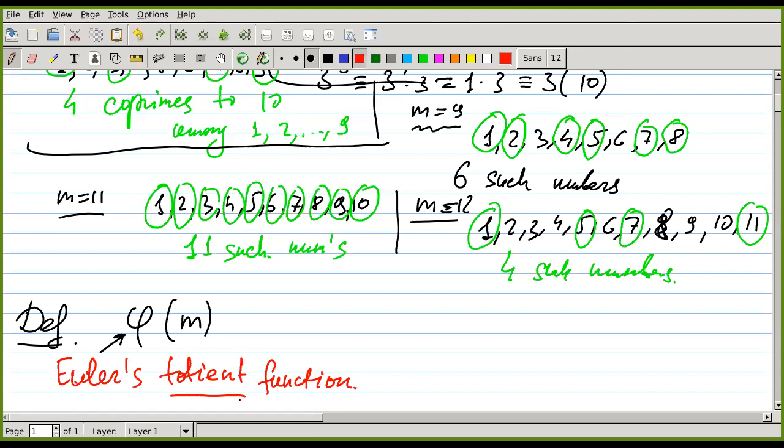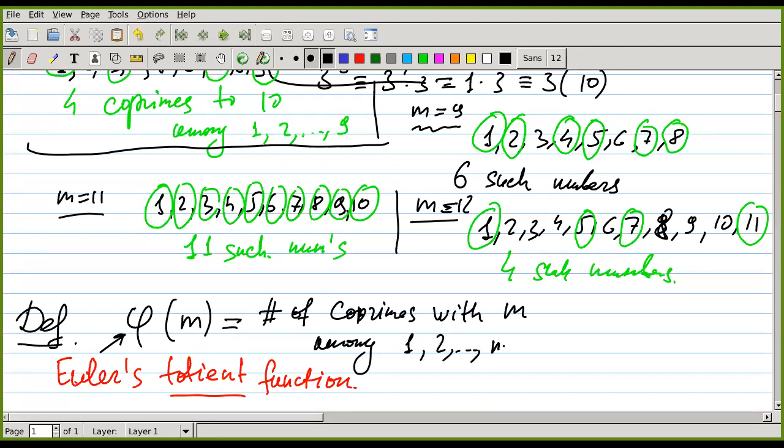And this function, by definition, returns the number of co-primes with m among the numbers 1, 2, and so on up to m minus 1.